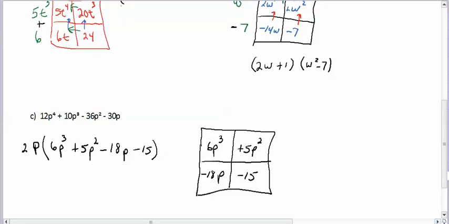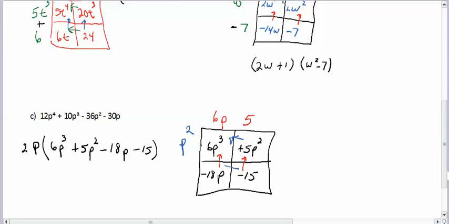Just like we've been doing before, we're going to factor. What do these have in common? They have a 5. What do these have in common? Well, they both have a 6 and also 1 p. This one has in common no number, but this has 2 p's, that has 3 p's, so that's p to the second.